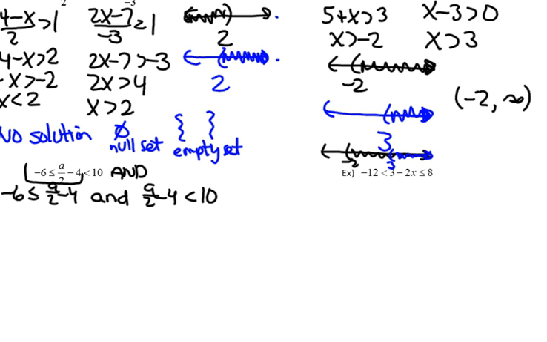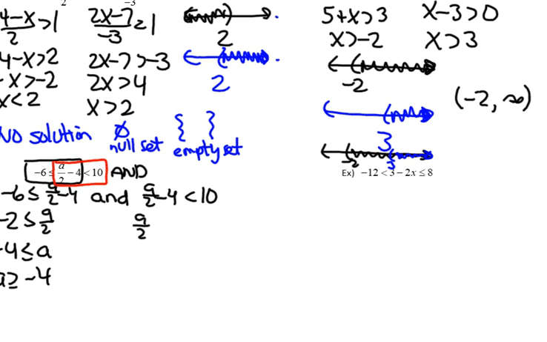That's going to be one inequality, and that's going to be the second one. Okay, so I can solve for each of these. So that's a is greater than or equal to -4. Okay, so I have a is greater than or equal to -4, and a is less than 28.